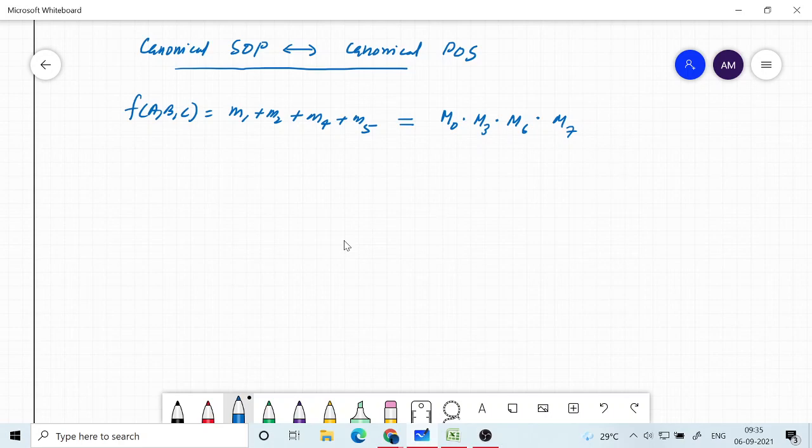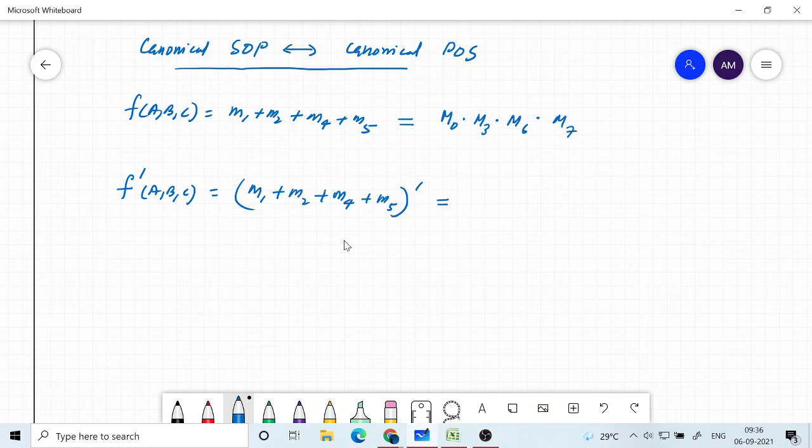But formally, how do we show that this is the case? In order to see this, we will use what is called DeMorgan's theorem. So first what we do is that we take the complement of f, f complement of a b c. So you start with your SOP form, the complement.